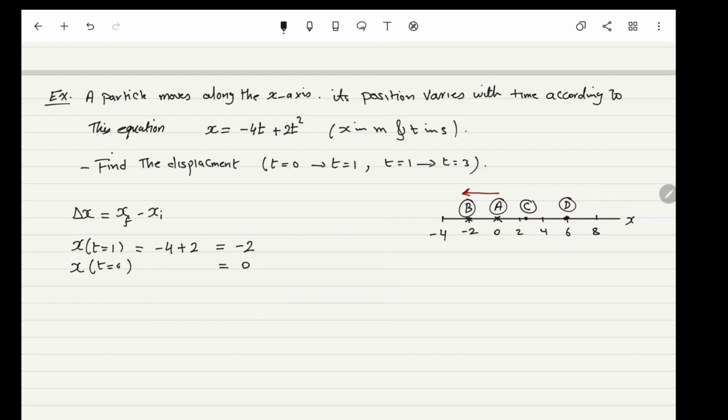Now let's find the displacement for the second time interval, when t equals 1 to t equals 3. In this case, x when t equals 3, we just substitute 3 back in this equation, and -12 plus 18 equals 6.